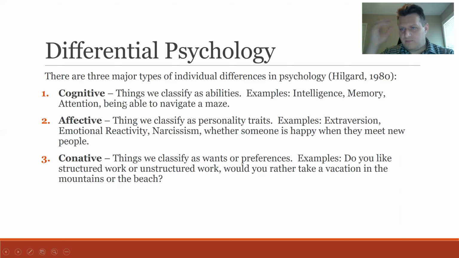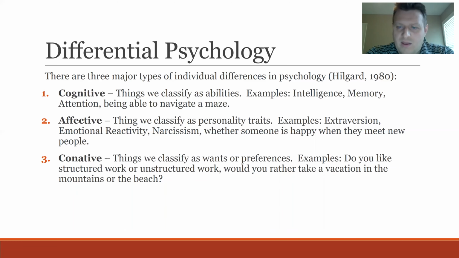The last thing that is often neglected within psychology, but it's still very interesting, are conative individual differences. And if I were a betting man, this is the one that you're most likely to forget about or not remember the definition. So these are things that classify as preferences or desires or wants.